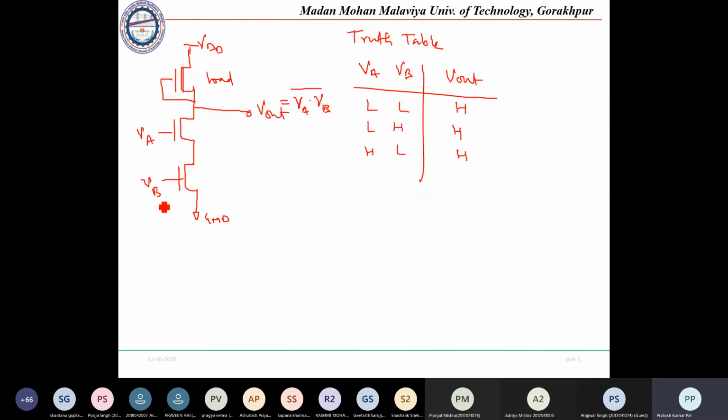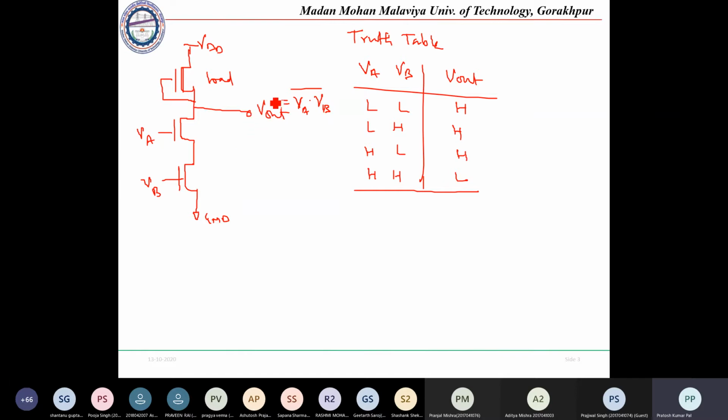But when VA and VB are both high at the same time, then these two transistors will be on, working as a switch, and the output will be connected to the ground. So at that time the output will be low. This is how we can verify the truth table of the NAND gate.